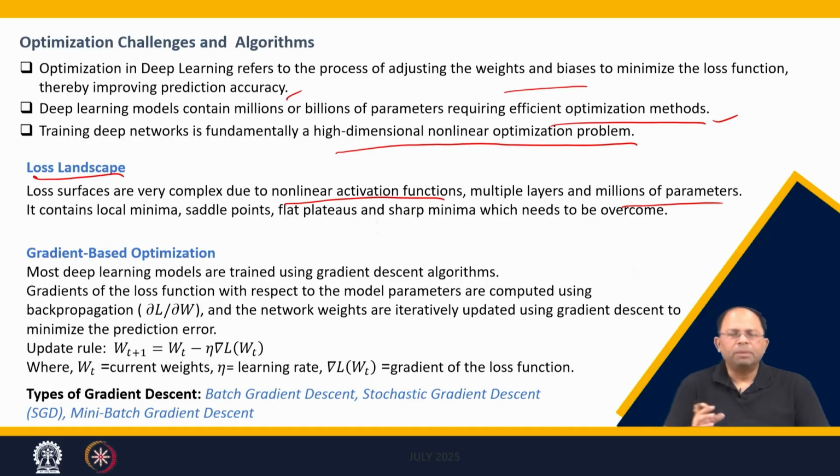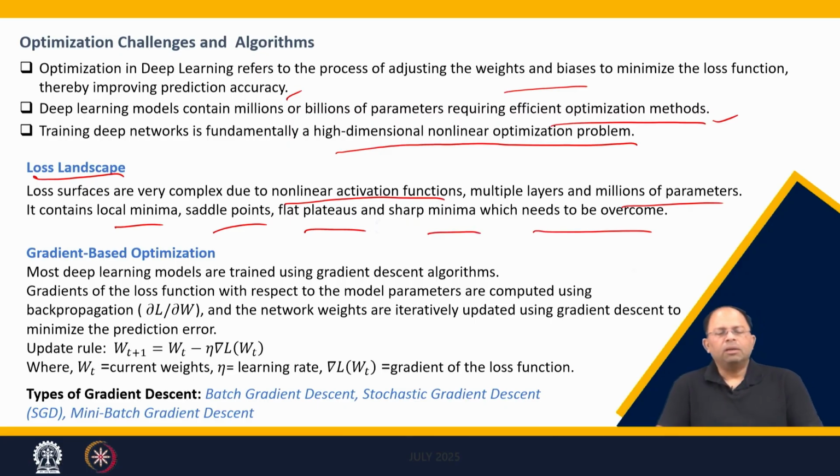Sometimes it changes, sometimes it becomes flat, then again it starts changing. So it's not that simple. It contains local minima, saddle points, flat plateaus and sharp minima, which need to be overcome to reach the final solution, right?